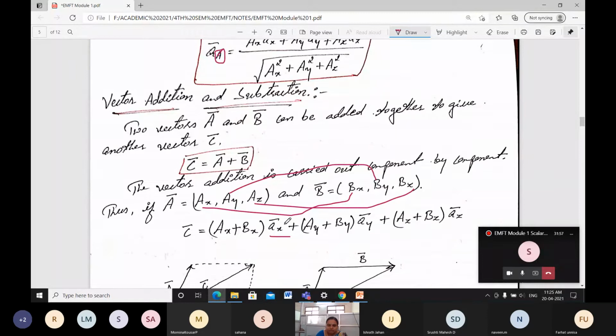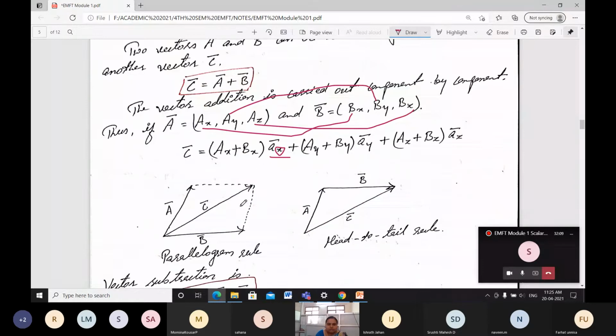Remember, along whichever axis you are working, you have to add the same components. That is very important.